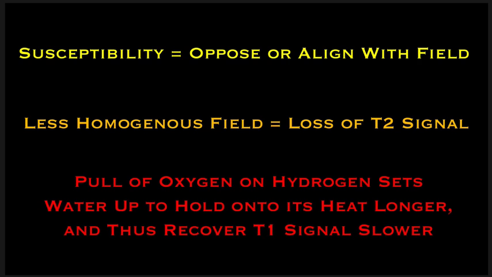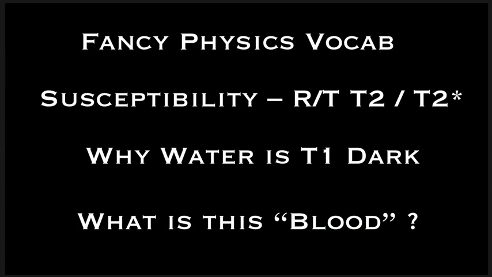And the pull of oxygen on hydrogen sets it up to hold on to its heat longer in that water molecule, and therefore recover the T1 signal slower. All right, so the last thing here, we're almost done, is to review the physiology of blood and then bring all this physics together in a way that makes sense.